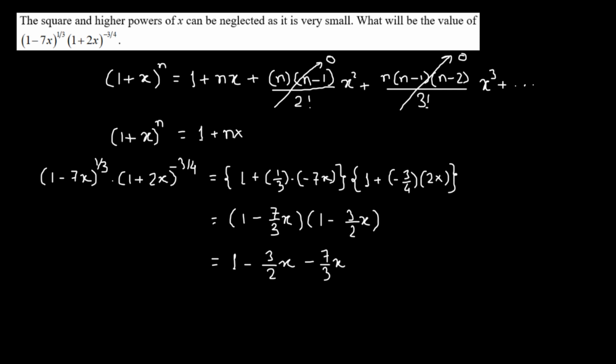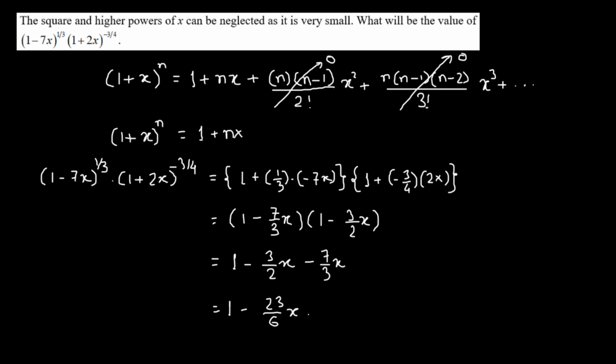Now we don't have to distribute -7/3 x to -3/2 x, because that would give us an x squared, and we have to neglect the square. Now we combine the two like terms, so that gives us 1 - 23/6 x. So this is the value of the given expression.